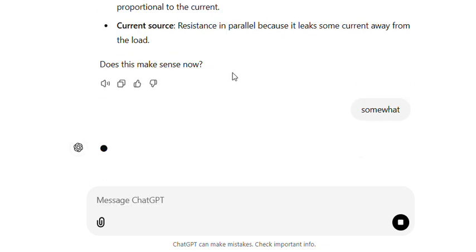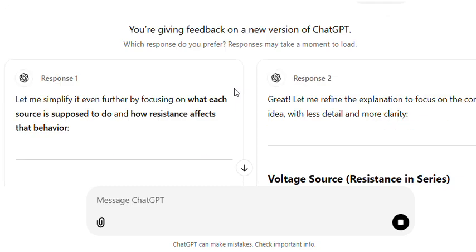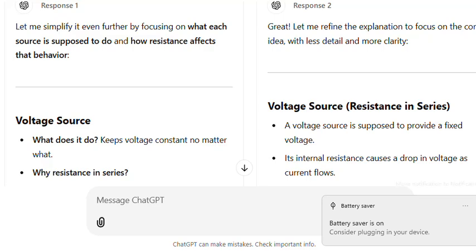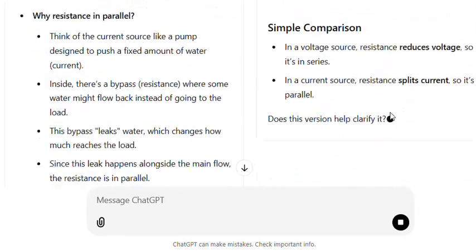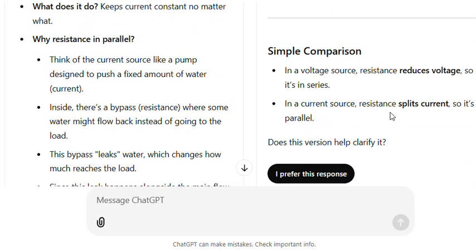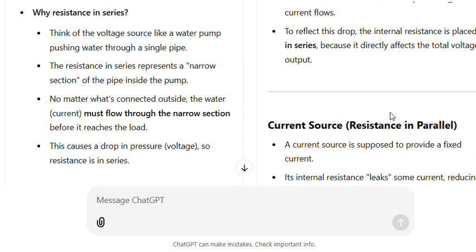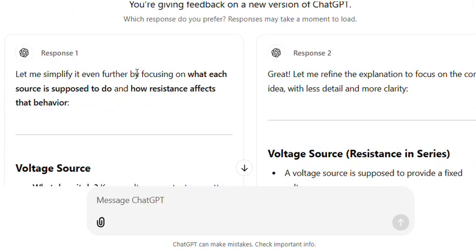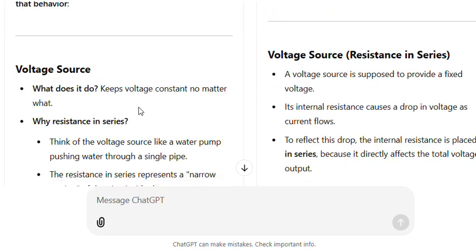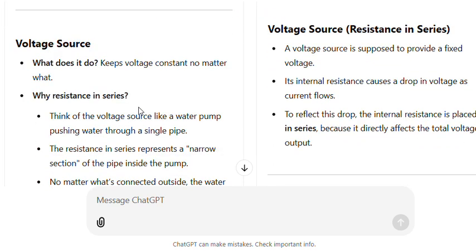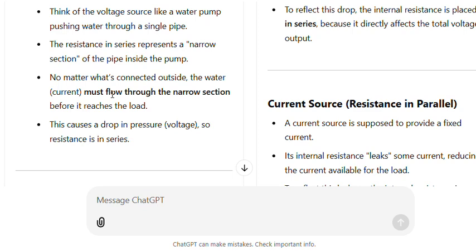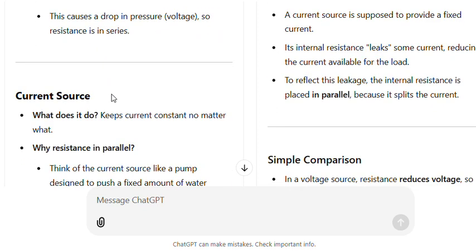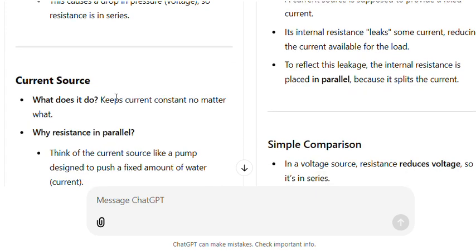Let's see what it says. Okay, so this resistance represents the narrow section of the pipe. The water must flow through the narrow section before it drops the pressure, the voltage.